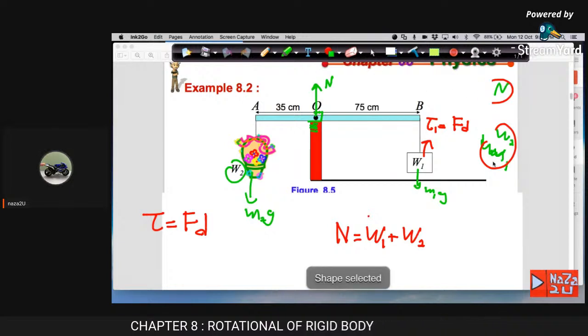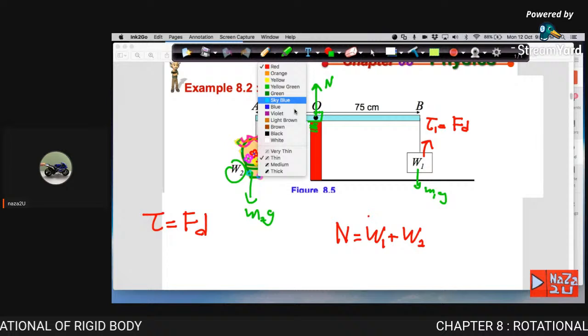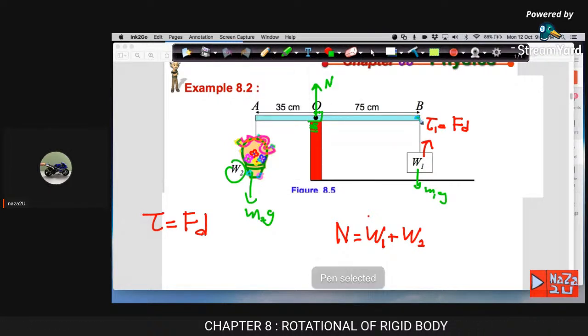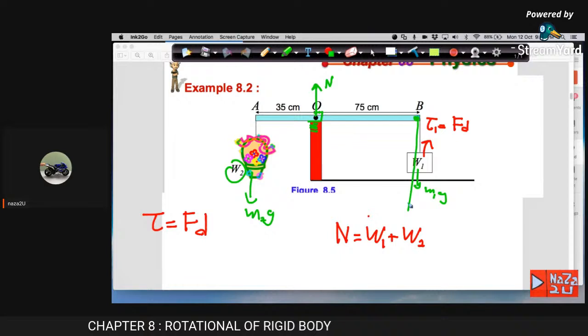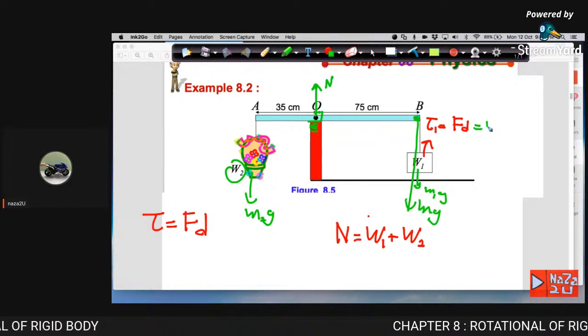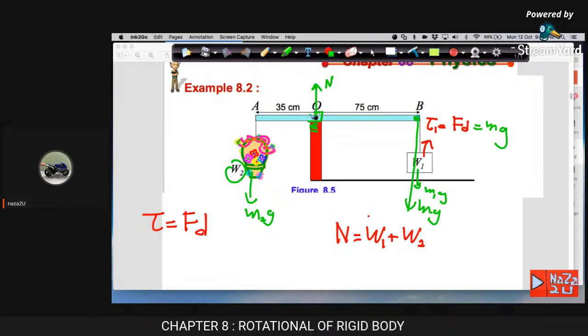Force times D. So what is the force? The force at the point here is a weight force. Weight force, daya berat kan. Okay, so we have a weight force mg, and the distance, this is the pivot point.